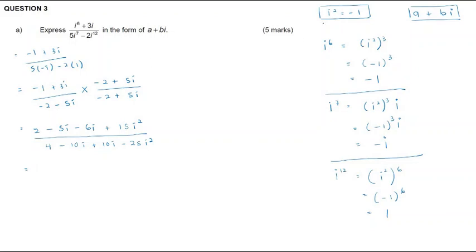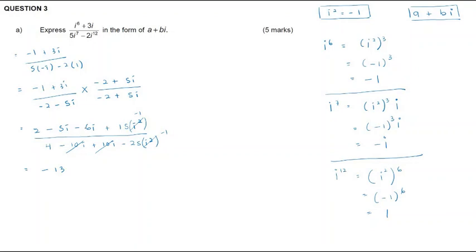Again, we know that i squared is negative 1, so substitute i squared as negative 1. Then negative 10i plus 10i cancel. 2 minus 15 is negative 13.